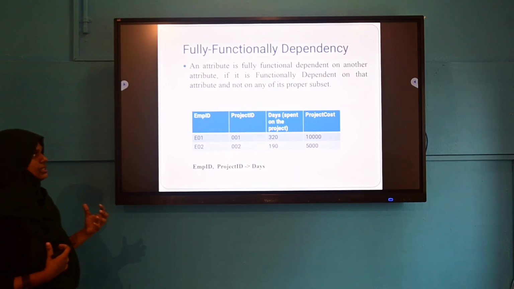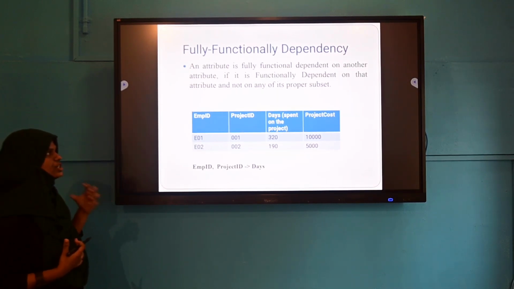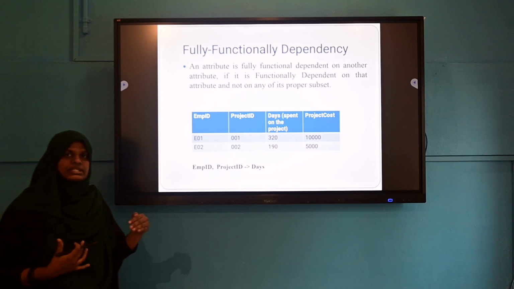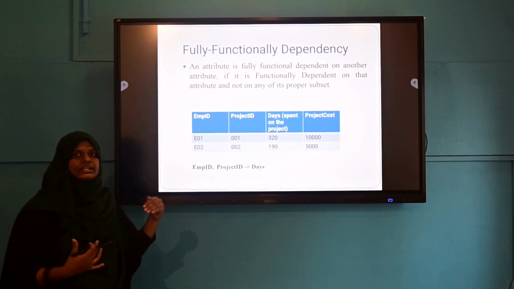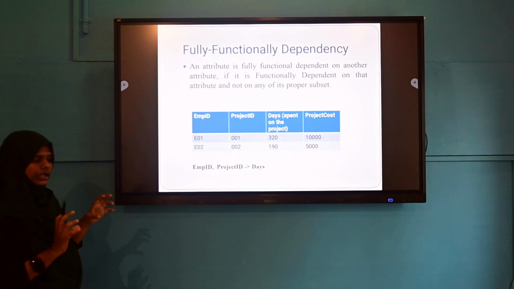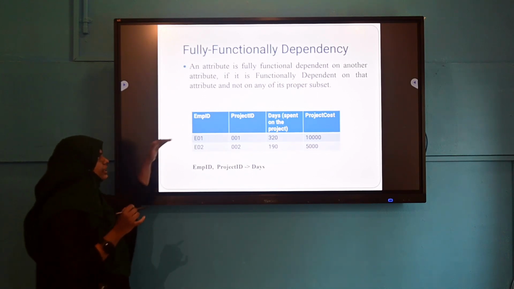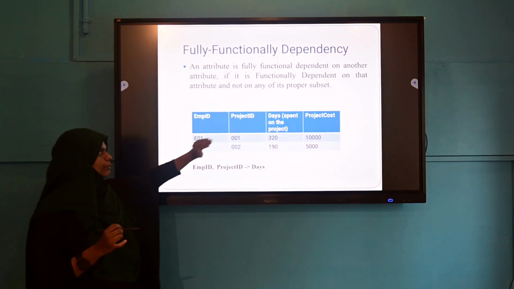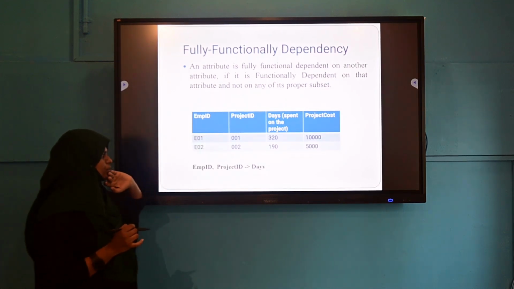Fully functional dependency means it is functionally dependent on that attribute and not on any of its proper subset. That means the dependent should depend on the complete determinant, not a part of the determinant. For example, here we will have a table having 4 attributes: employee ID, project ID, days and project cost.